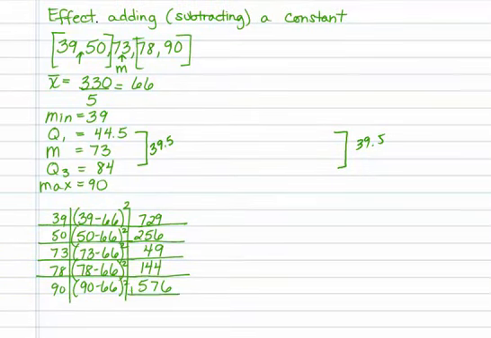And for the standard deviation, you sum all this together. And this is the value of the variance divided by n minus 1, which is 4.